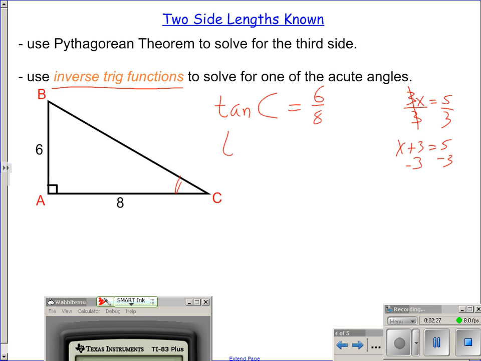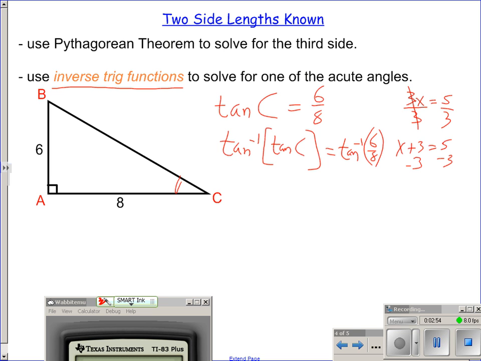Well, if you take the inverse, and that's just notation, this little -1 is written in the exponent position, but it has really nothing to do with exponents at all. If you take the inverse tangent of the tangent of angle C, basically we're doing the same thing on both sides. We're going to take the inverse tangent of 6 over 8.